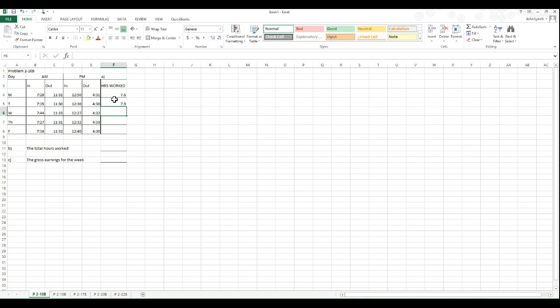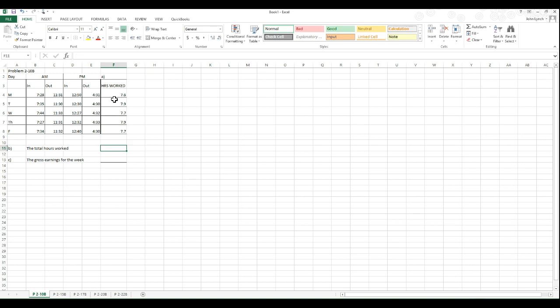Wednesday, they were 14 minutes late checking in, so 14 minutes is 3/10 of an hour, so that would be 7.7. On Thursday, they clocked in okay, but there's 2 minutes late from lunch, so that's 7.9. And Friday, there was 4 minutes late getting to work, and also 10 minutes late from lunch, so that's 14 minutes, and again, that's 7.7.